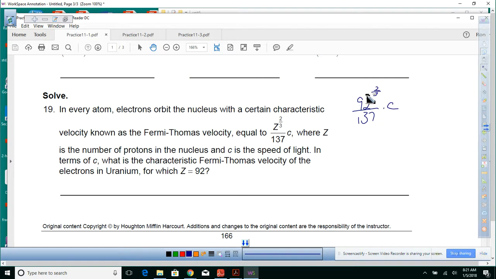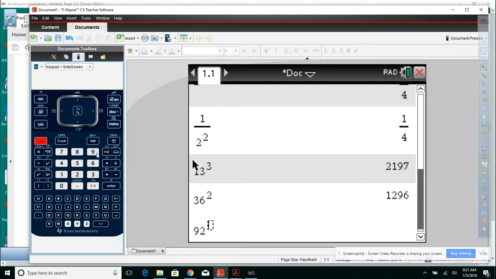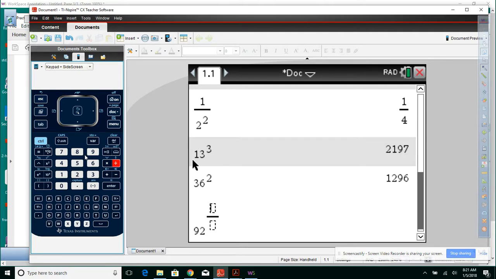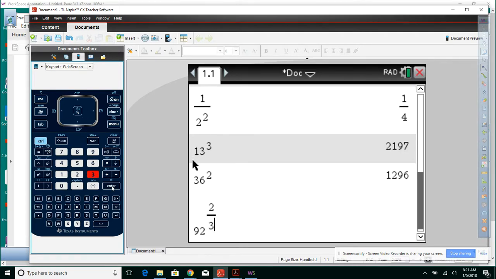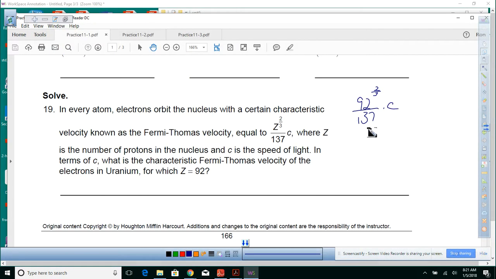All right, and then 92 caret 2/3, 2 over 3, and I got 20 point something or another. So that's going to be 20.3794 over 137 times c.